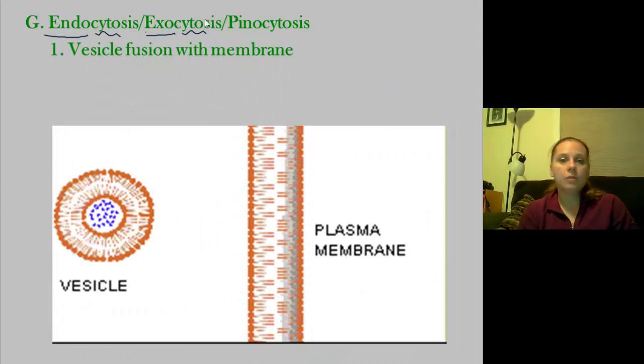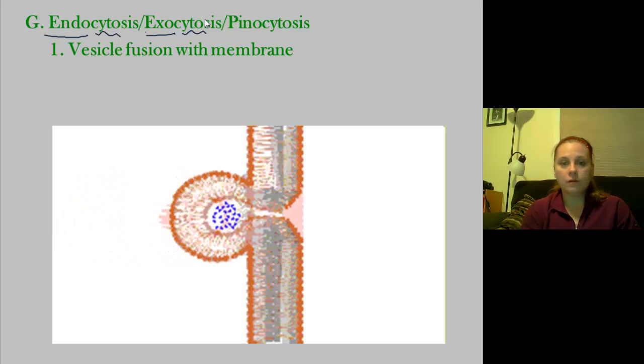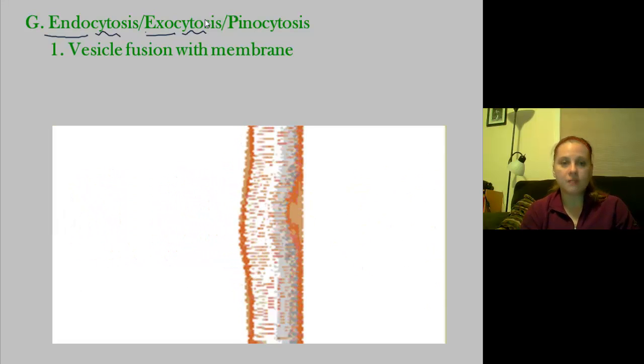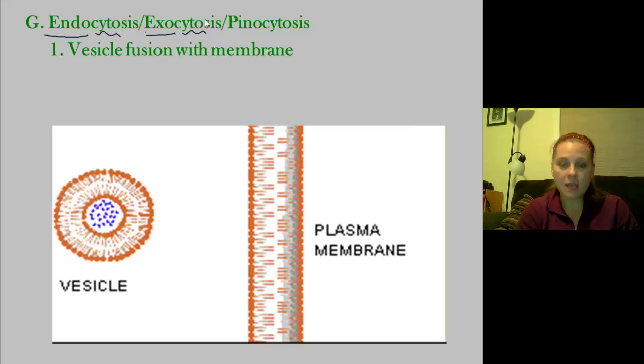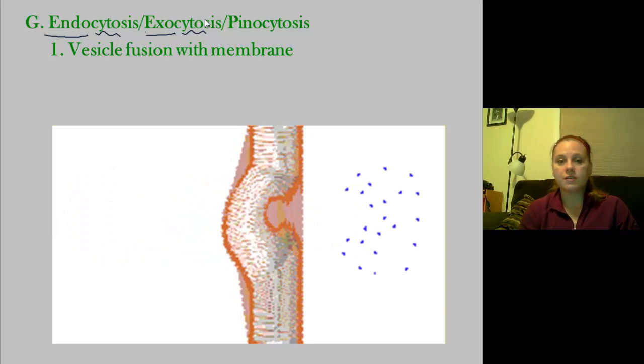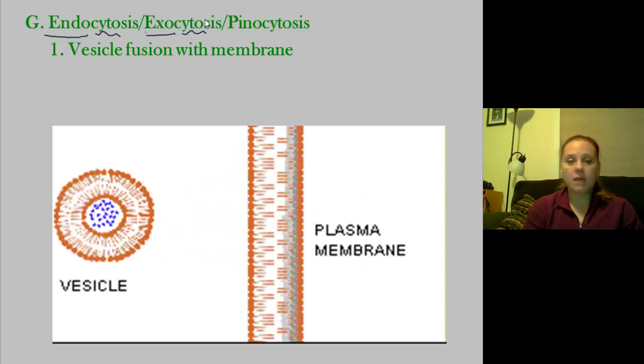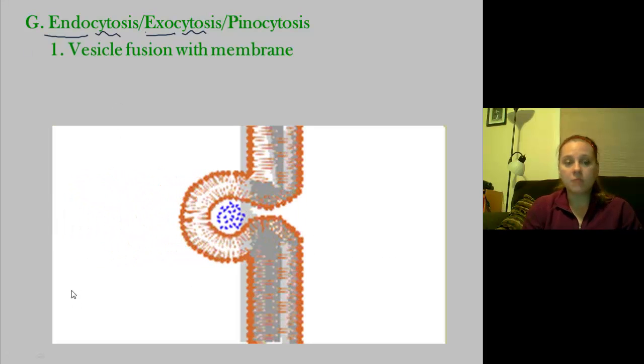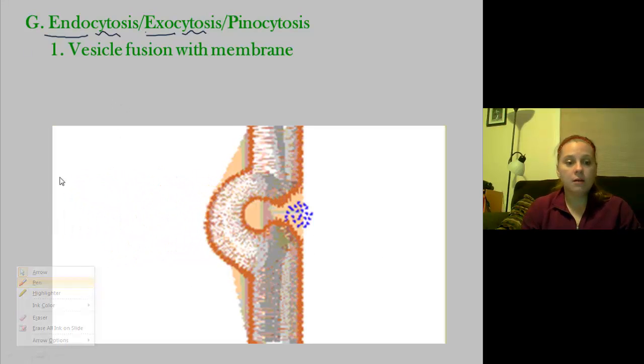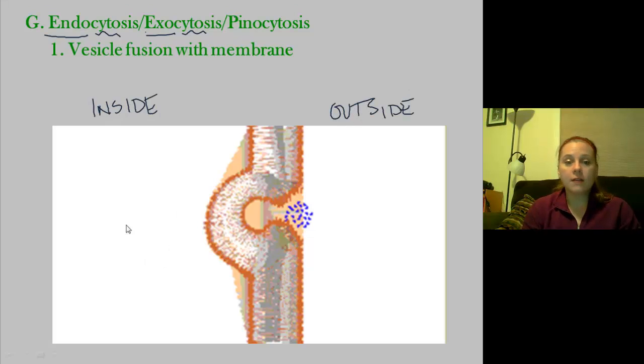Here we have what happens in all of these. You have a vesicle that's made up of the same bilayer structure as the cell membrane. Whether I'm coming in, it doesn't matter. Let's say this is inside, this is outside. What I have is that's going to attach here.